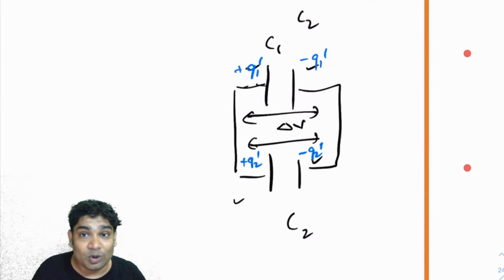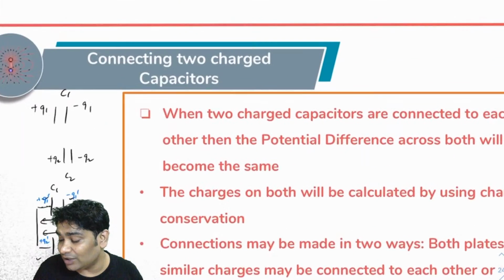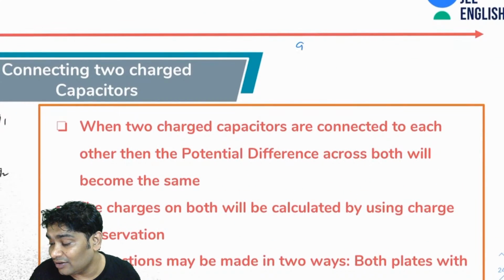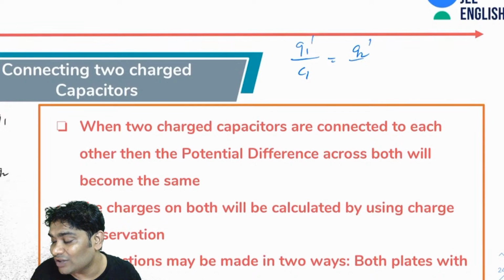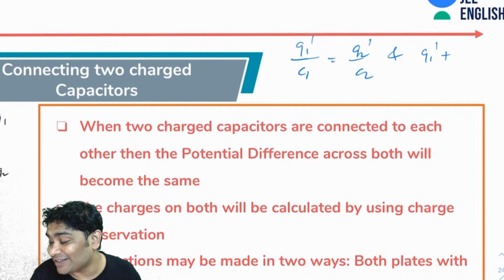The total charge cannot change, so you can write two expressions: Q1 dash over C1 equals Q2 dash over C2, and Q1 dash plus Q2 dash equals Q1 plus minus Q2.